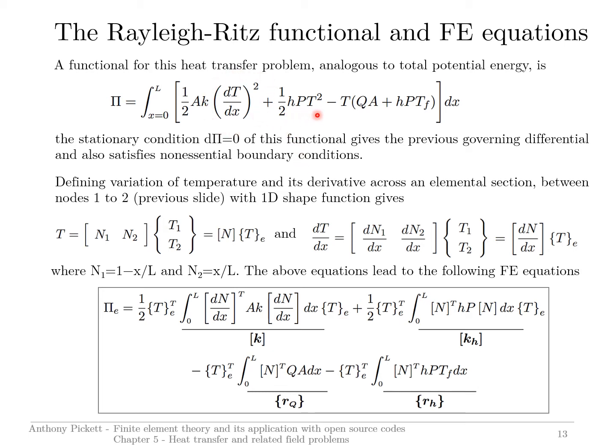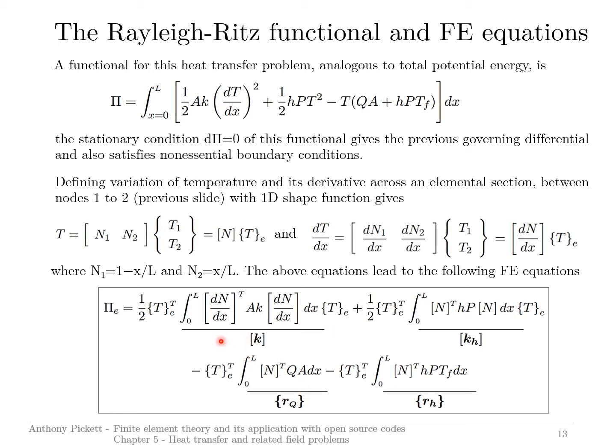Similarly, T squared from here would be T transpose N transpose multiplied by N and T. Some of the terms can be brought outside of the integral, as I've done here.